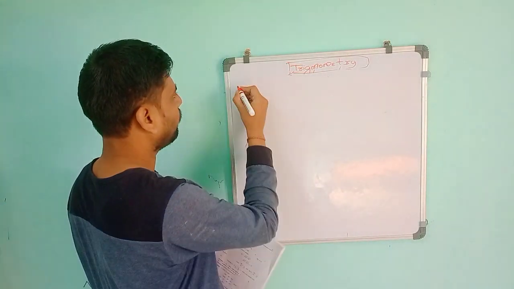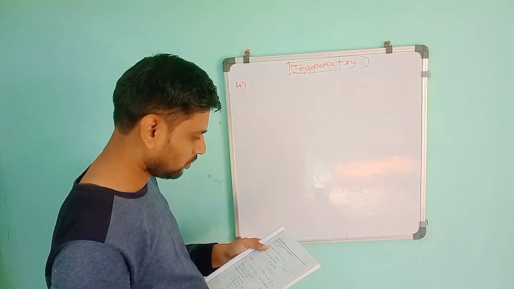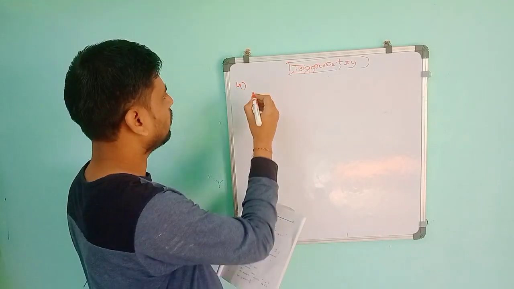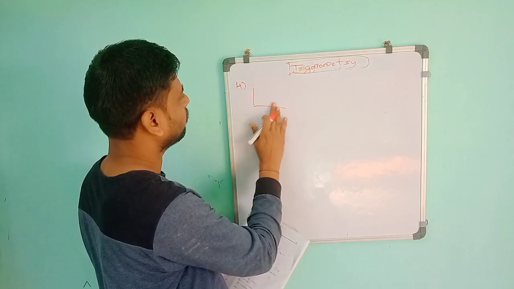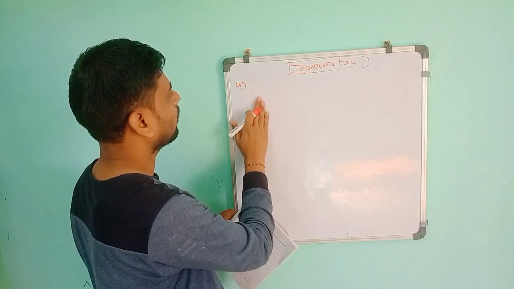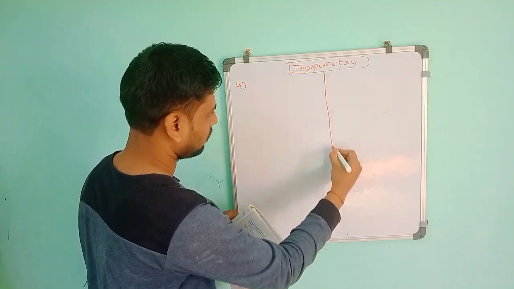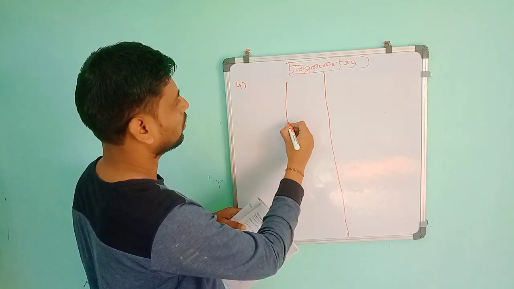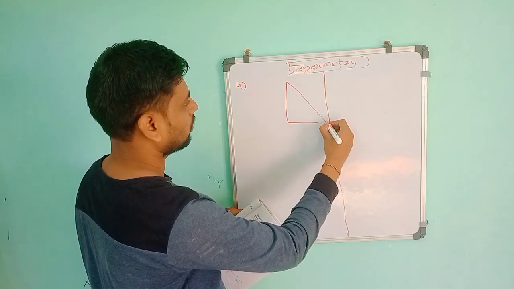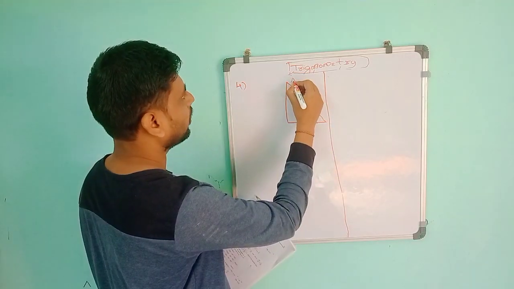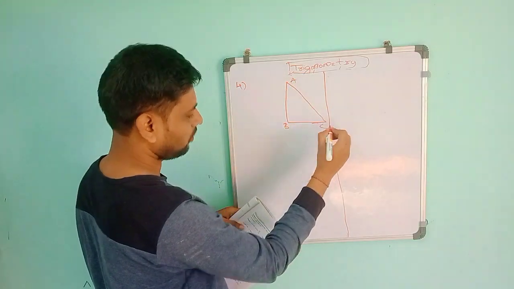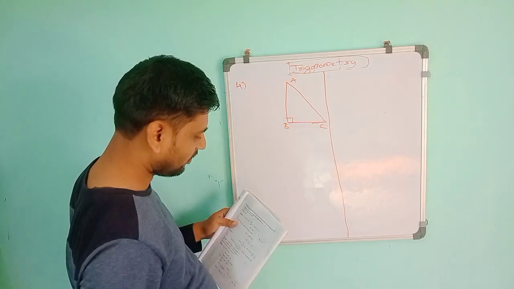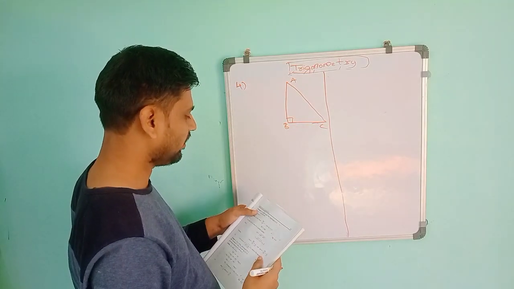Similarly for example 4, in a right triangle ABC, with the right angle at B, tan A is equal to 1.